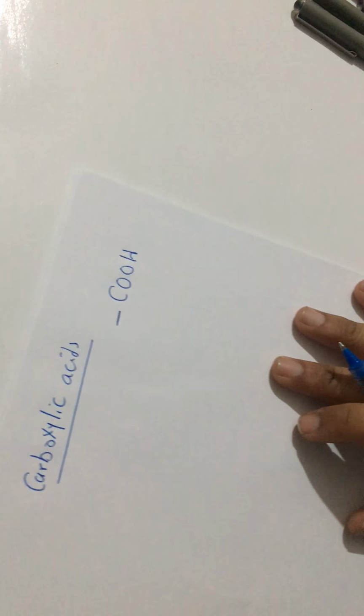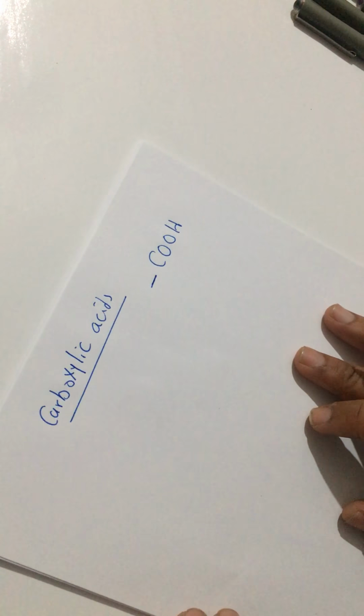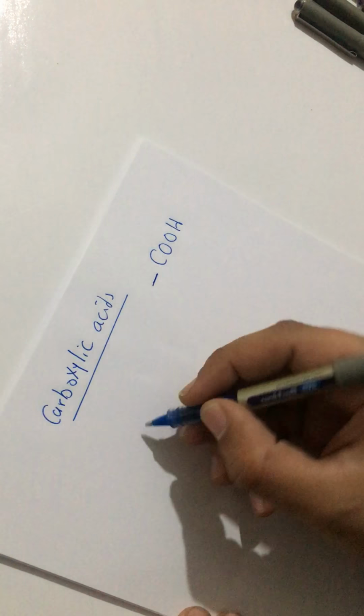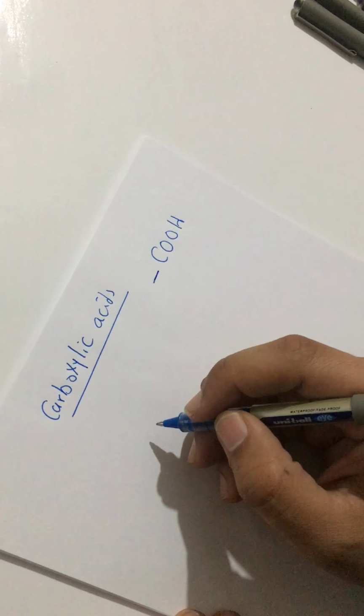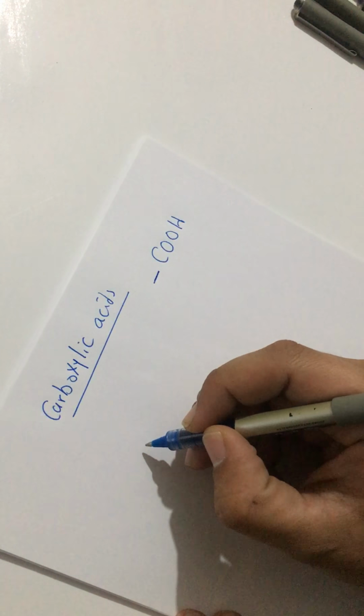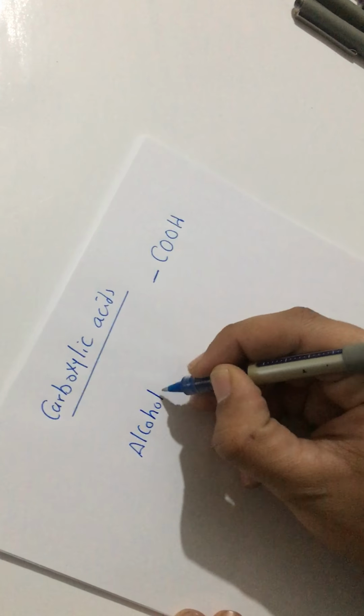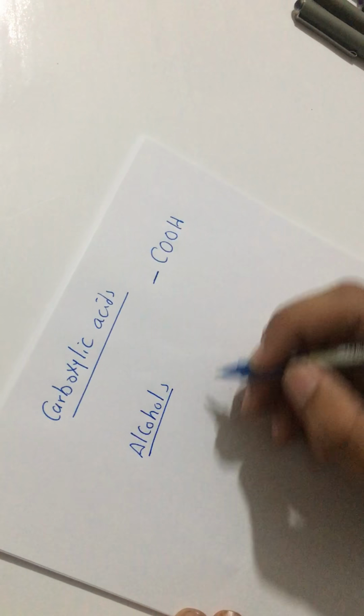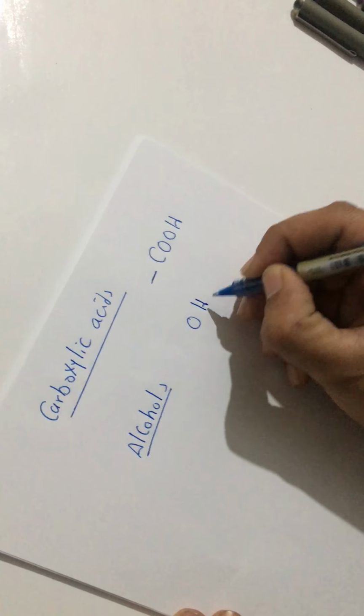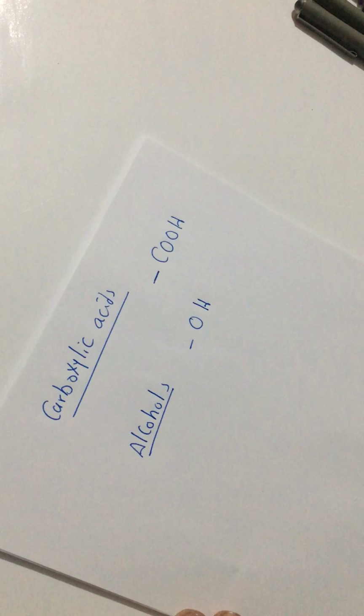And we also said that we have another homologous series which is called alcohols, and they have the OH functional group.